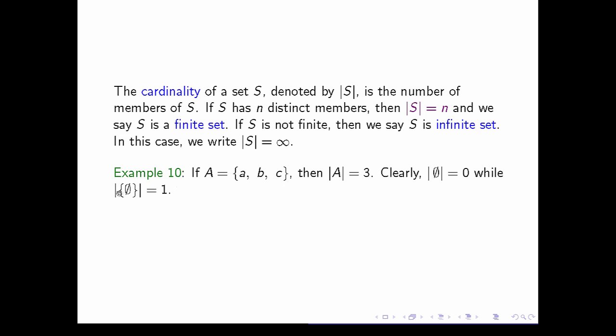However, for the cardinality of this set right here, remember this is a set containing one member, which is the empty set. Since it has one member, its cardinality is 1. So try to really understand the different notations here. Do not get confused.